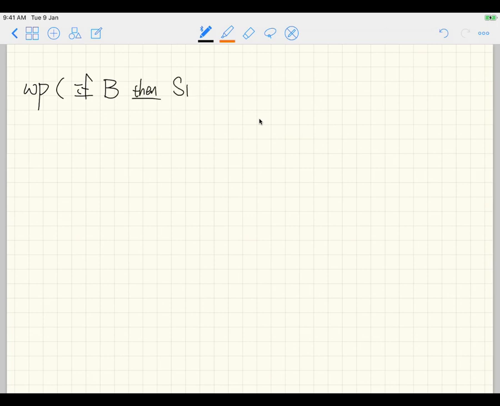S1 can be an assignment, for example, in this case, but we'll see a concrete example in just one moment. If B is true, I do S1. Otherwise, I will do S2. That's why it's called alternation, either way. And I would like to establish R. Now we want to figure out what's the weakest precondition for this one here.